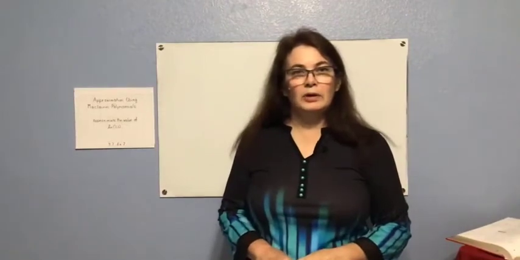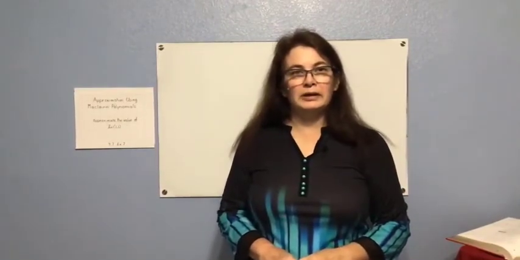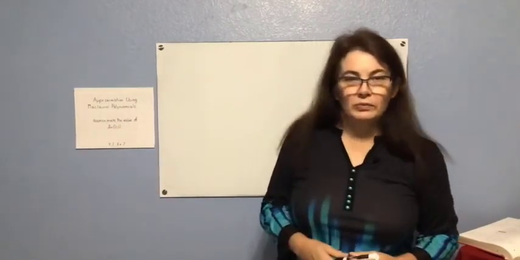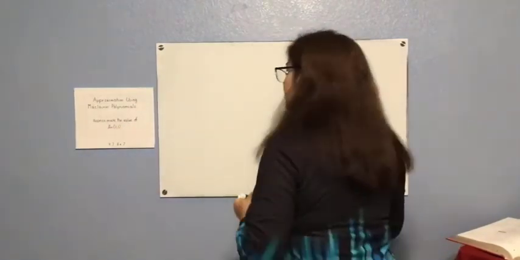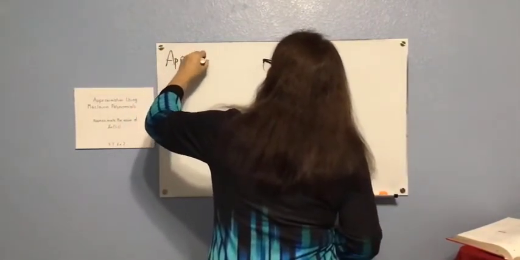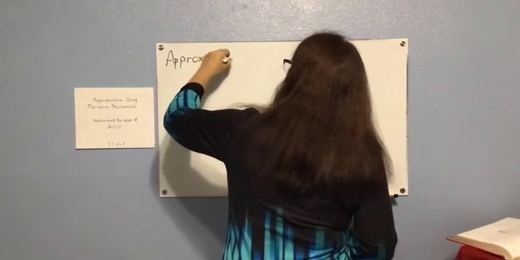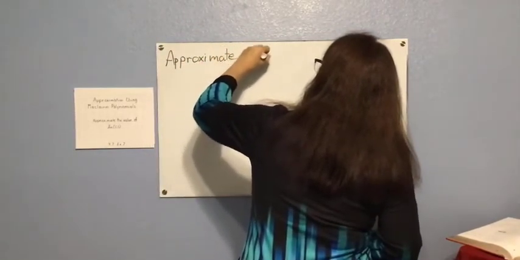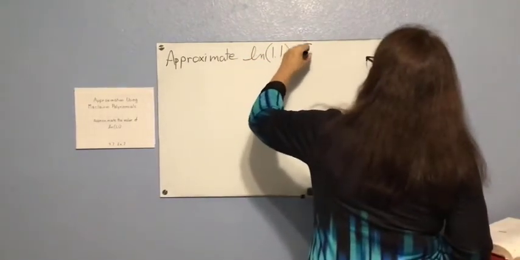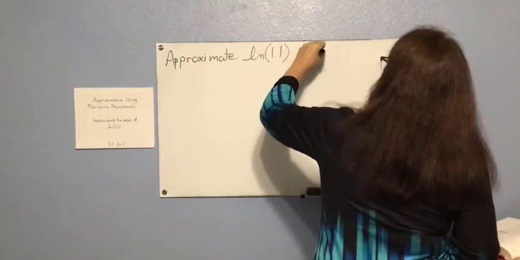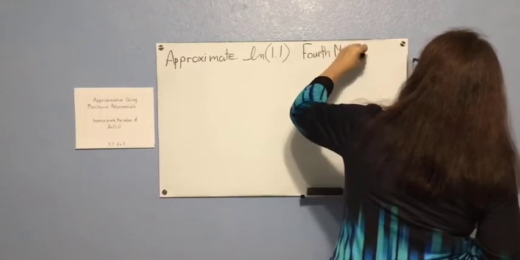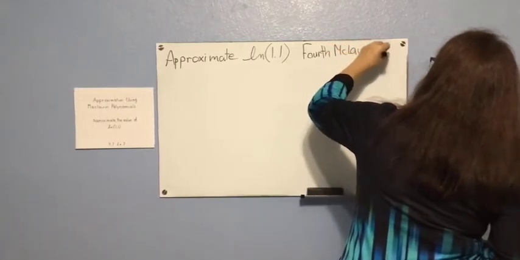In this example, we're going to make an estimate using a Maclaurin polynomial for natural log of 1.1. So we want to approximate natural log of 1.1. And we are asked to use the fourth Maclaurin polynomial.